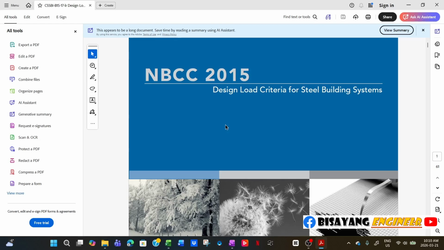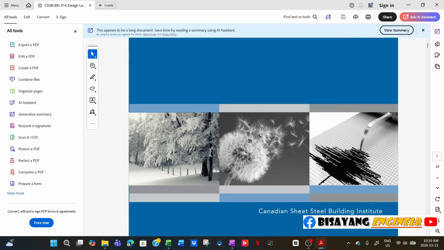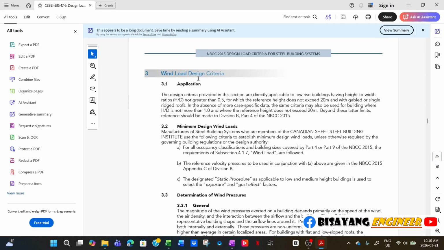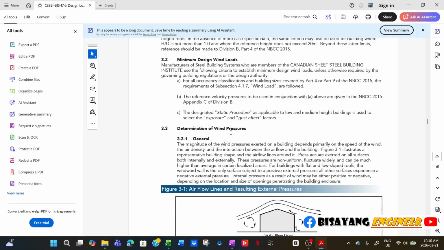So this design guide has a sample calculation.